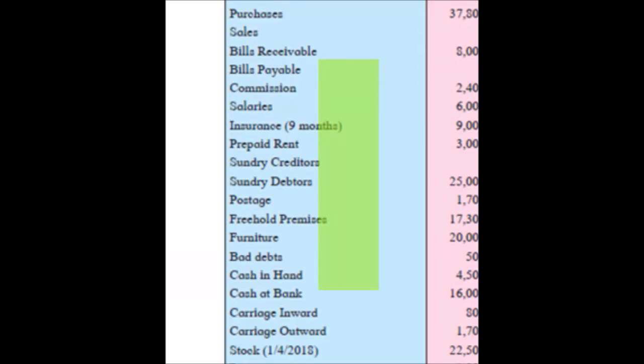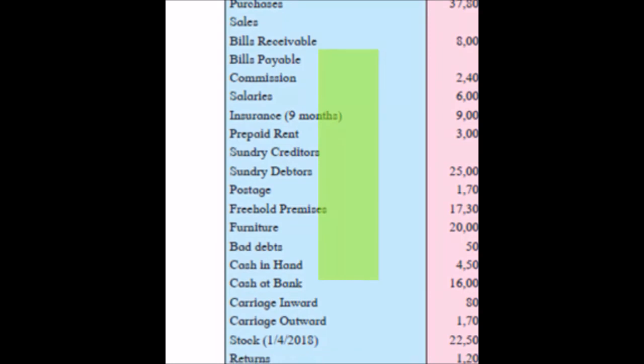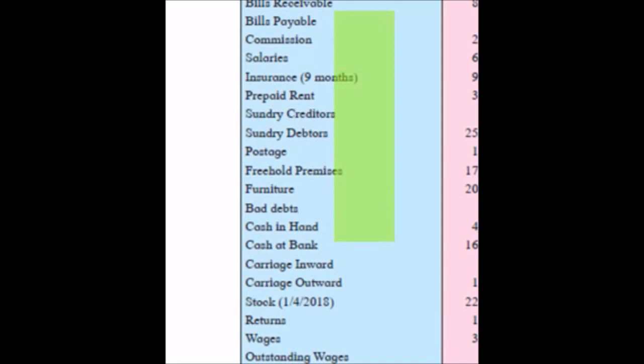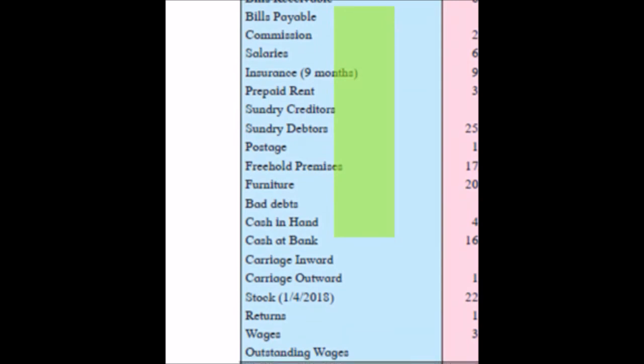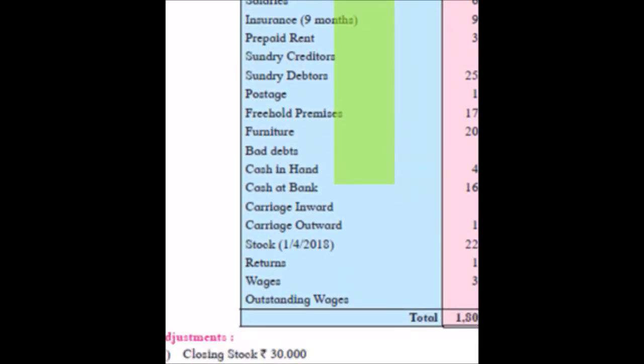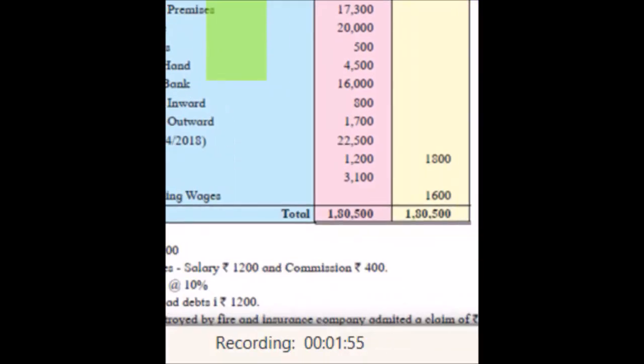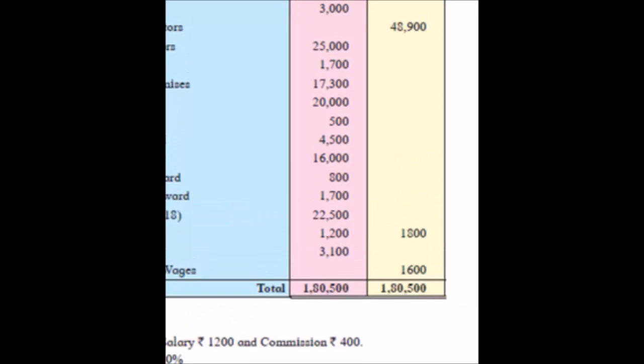Next, sundry debtors, postage, freehold premises, furniture, bad debts, cash in hand, cash at bank, carriage inward and carriage outward, stock. Stock is as on 1 April 2018. Returns, wages, outstanding wages. This is a trial balance, and we have the amounts also.